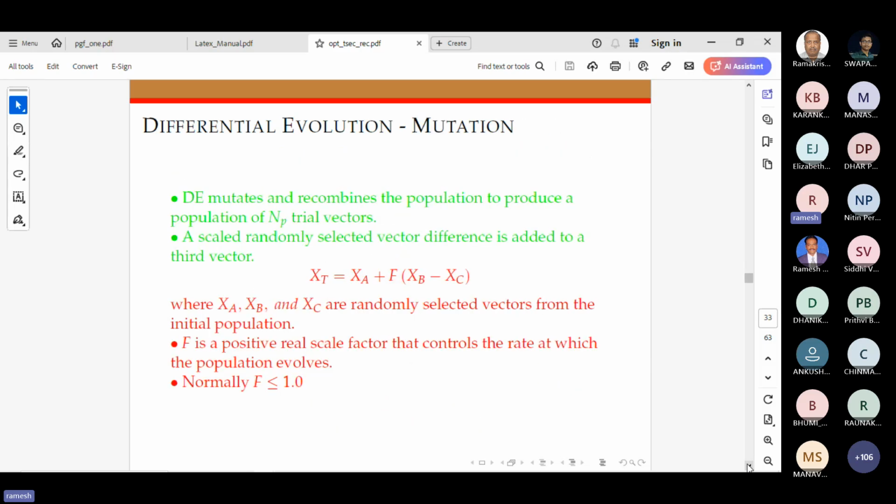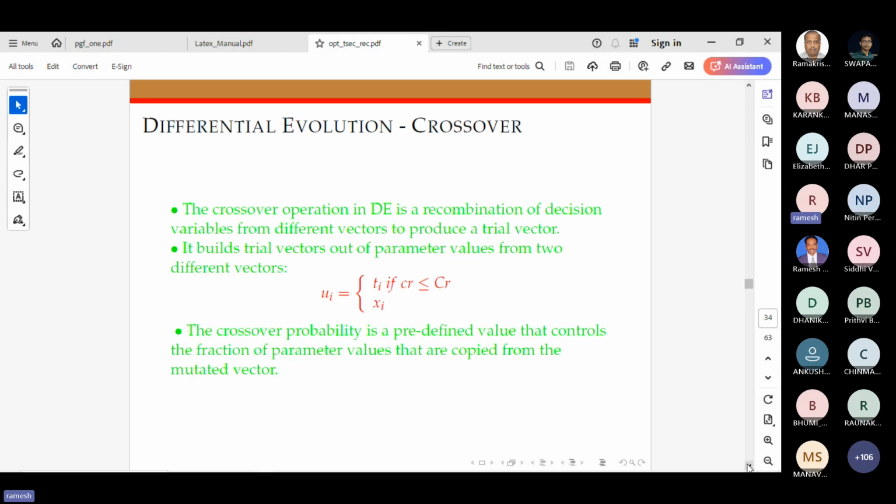Once the first step, mutation, and then the crossover process are done, you now have, for example, 10 members of the current population, and you have created 10 members of trial solutions using these two operations, mutation and crossover. Now you compare the first member of the current population with the first member of the trial vectors, and see which one provides a better fitness function.